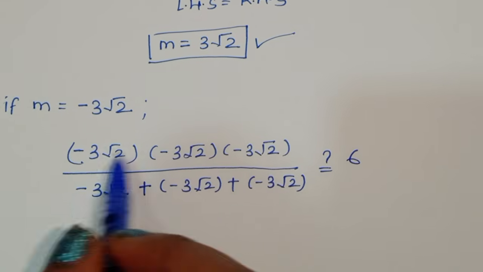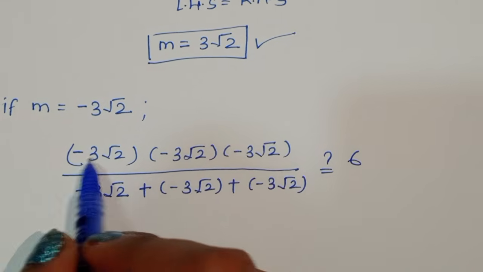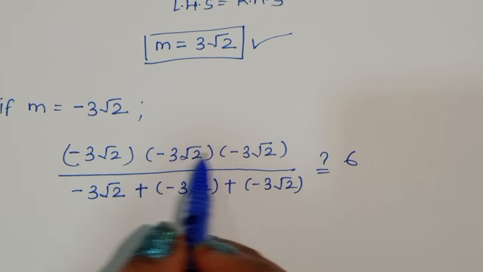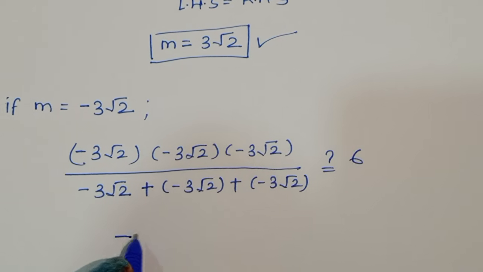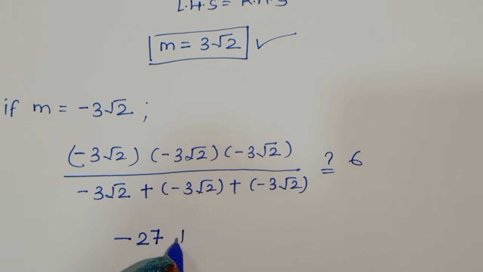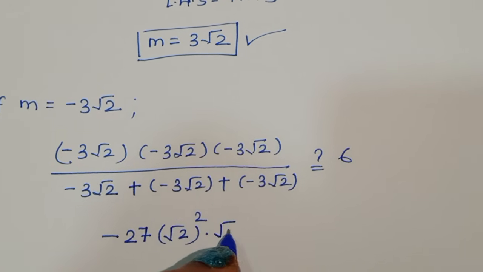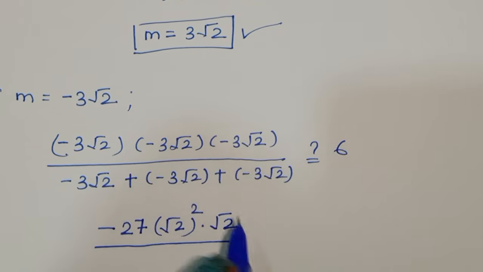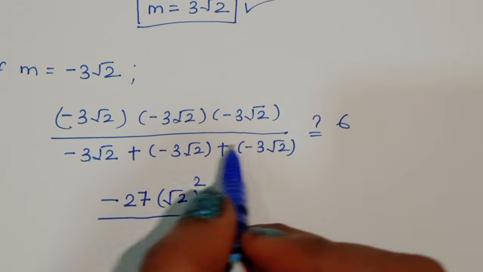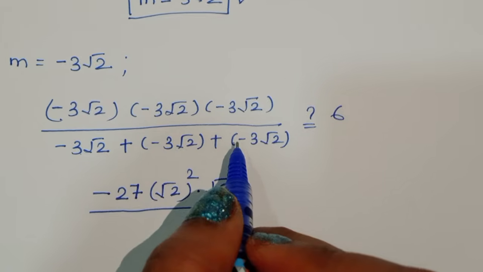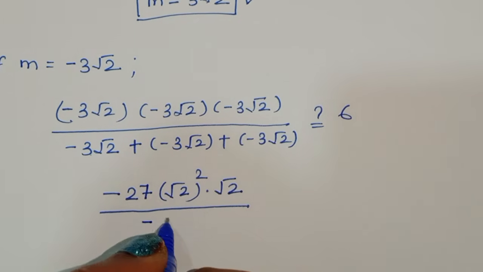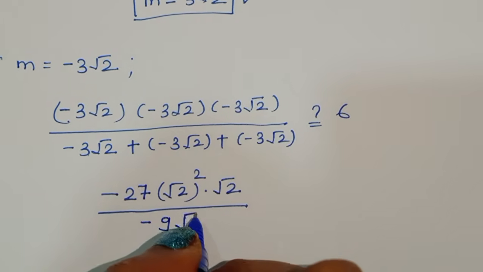Again 3 3s are 9, 3 9s are 27. Minus minus is plus, and plus minus is minus. So it becomes minus 27 times the square root of 2 whole square times the square root of 2 divided by minus 9 square root of 2.